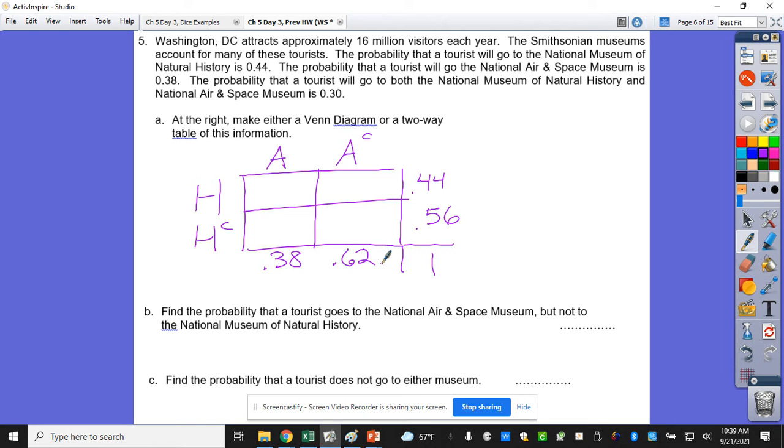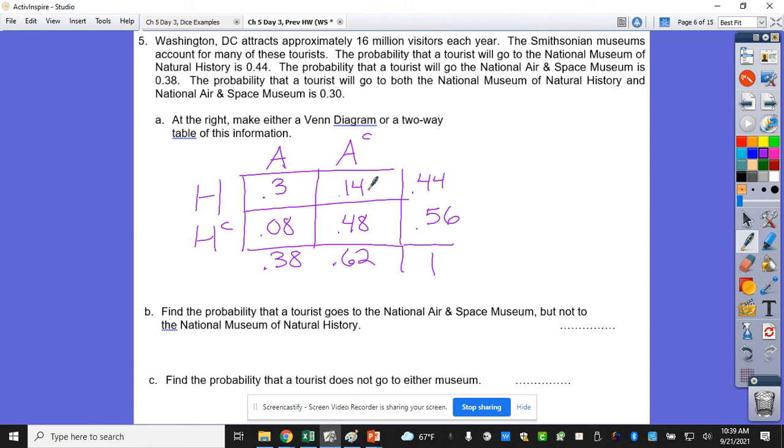And then the only other thing it gives you is that both is 0.3. And then you just fill everything in from there. So what's left for here? What's left for here? And regardless of if you did a 2-way table or Venn diagram, these should be your 4 numbers regardless.